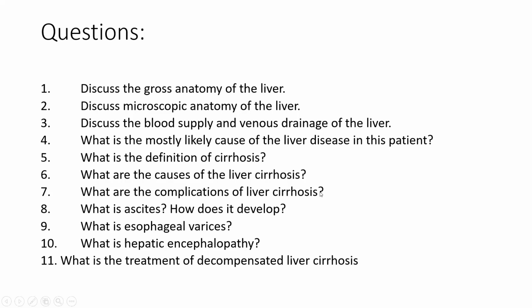What are the complications of liver cirrhosis? Portal hypertension. Portal hypertension, excellent. What else? What does this patient have? Jaundice, yes, and cholestasis. He has splenomegaly and hypersplenism, right? And he has ascites. We said ascites can be more serious if there is spontaneous bacterial peritonitis.